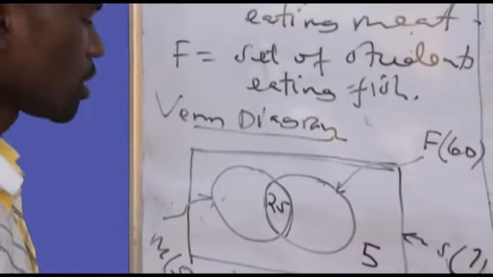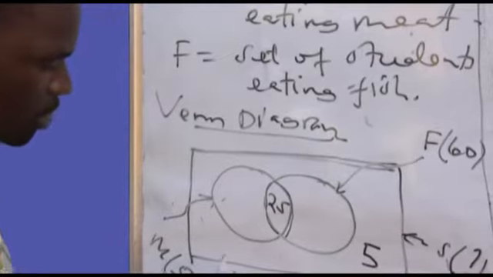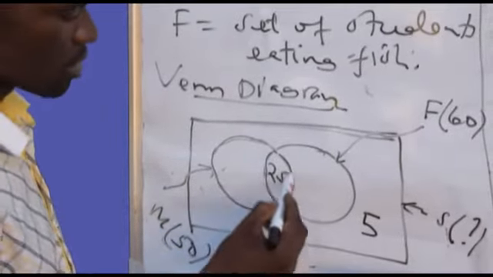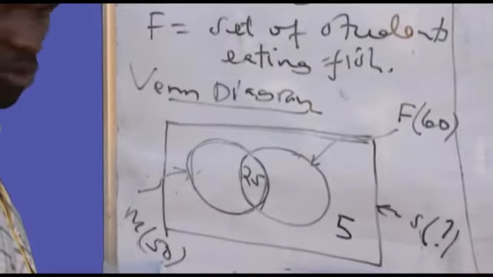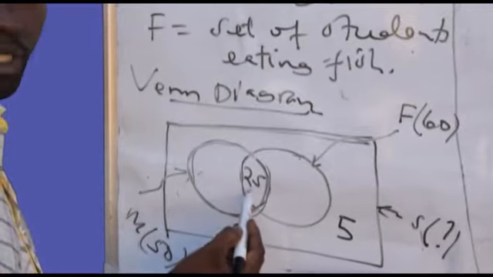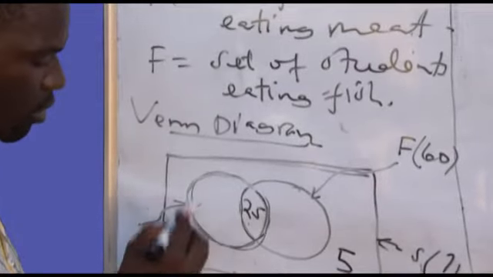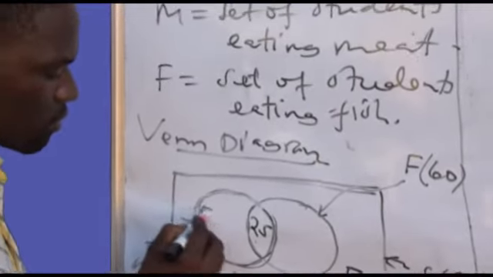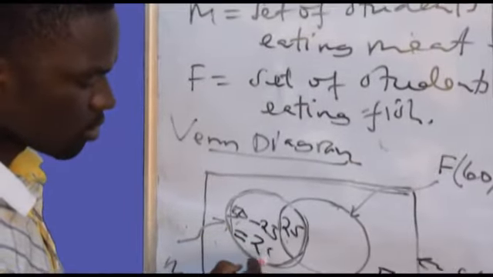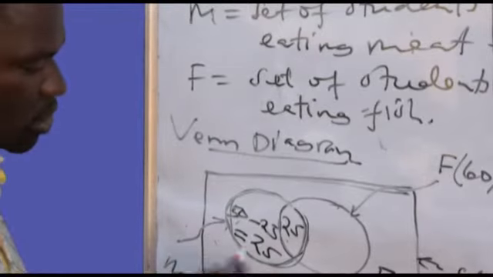Now check this circle, which is supposed to contain 50 students, but already inside this circle there are 25 students. So the remaining one will be 50 minus 25, and you get 25 students in this portion.